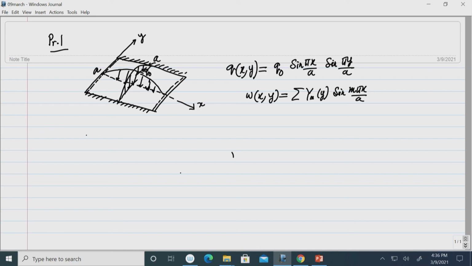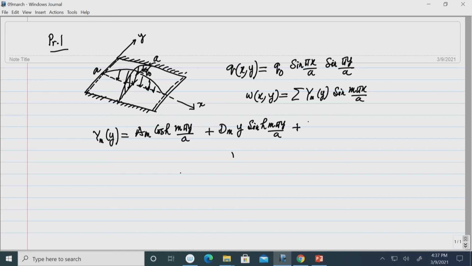So, the differential equation that we need to solve, that I illustrated, and the solution is y m y is equal to a m cos hyperbolic m pi y by a plus d m y sin hyperbolic m pi y by a plus particular integral.